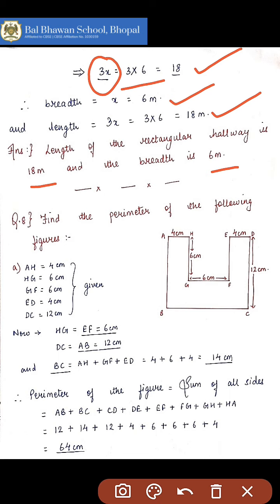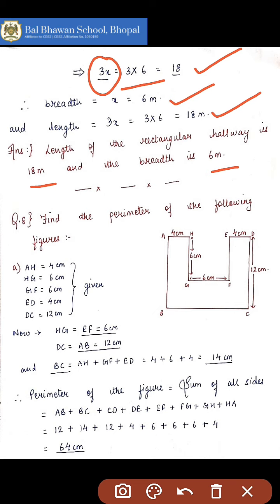So in such a case, if you want to find out the perimeter, we know there is no specific formula for this type of figure. So we have to apply the sum of all sides. For that, we must know the measurement of all the sides. But here it's not given. But we can find it out.